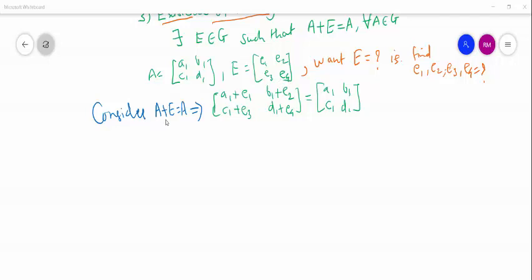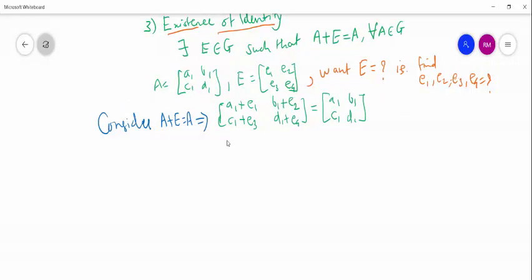So there is one equation and one unknown, namely E. A plus E, after simplifying this we get this matrix, and these two matrices are equal, meaning their corresponding entries are equal. So we get A1 plus E1 equal to A1 from the first equation.